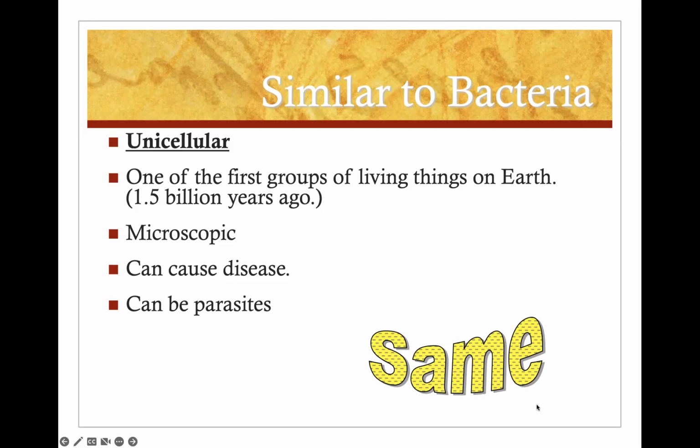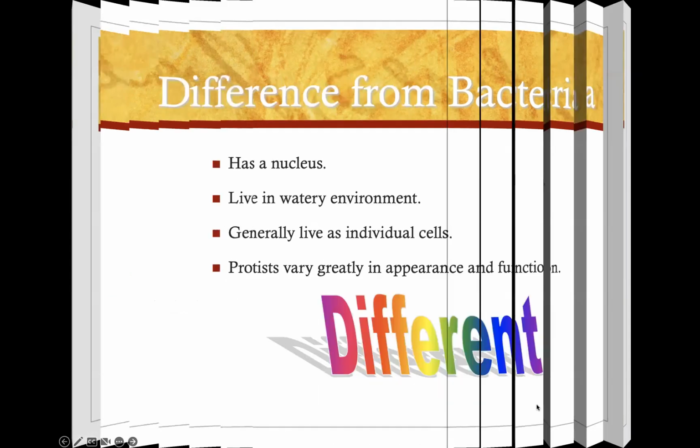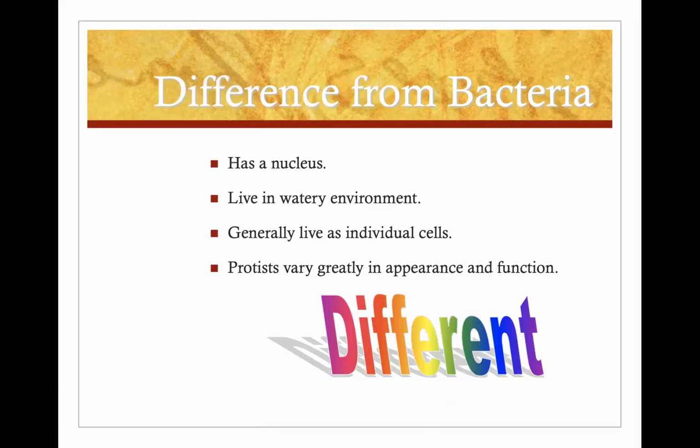So they are quite similar to bacteria in terms of their overall structure and the simple cell type. All right. In terms of some differences from bacteria, again, these are eukaryotic organisms, so they're going to have a nucleus. They typically live in a moist, watery environment. Their habitat is a little bit different there.